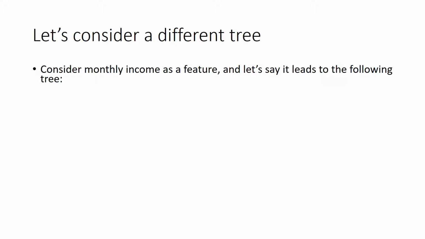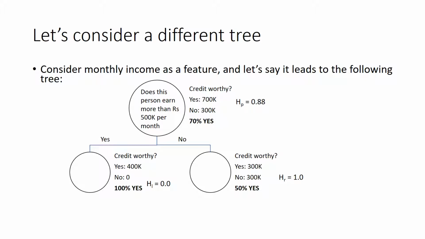So consider monthly income as a feature, and let's say it leads to the following tree. Now let's look at the tree. So does this person earn more than 500K per month? Yes or no? Okay, so again, 70% in the original distribution are credit worthy.